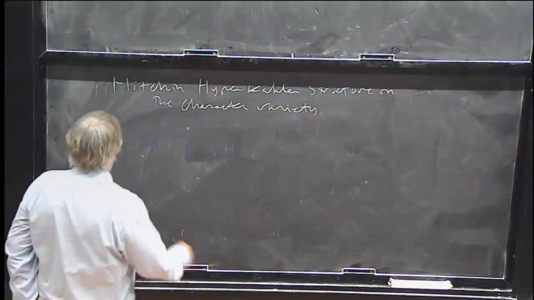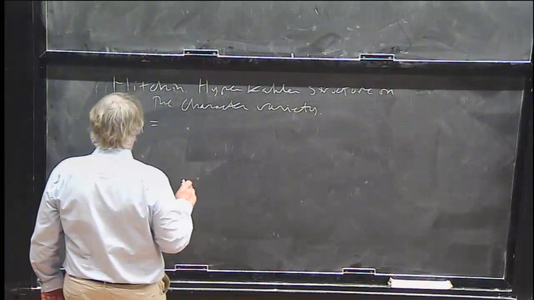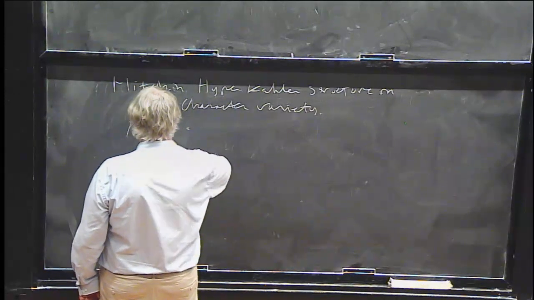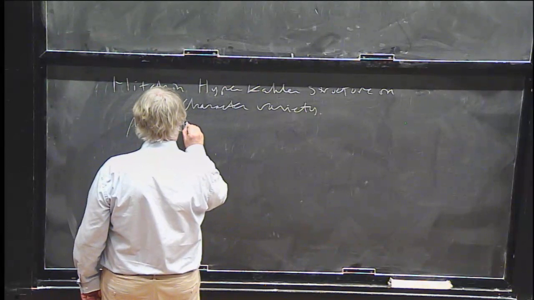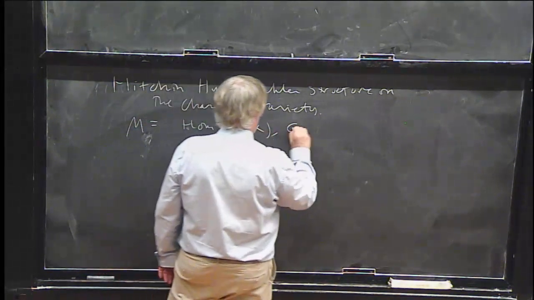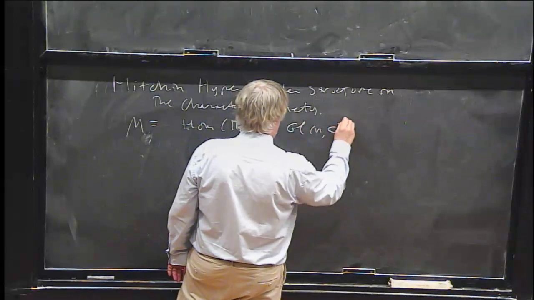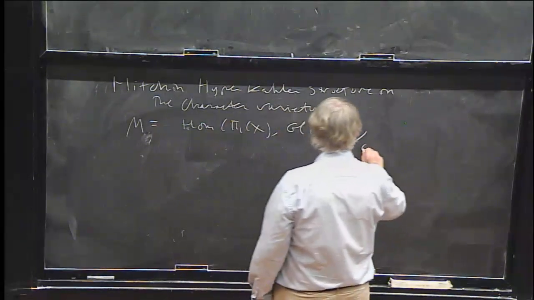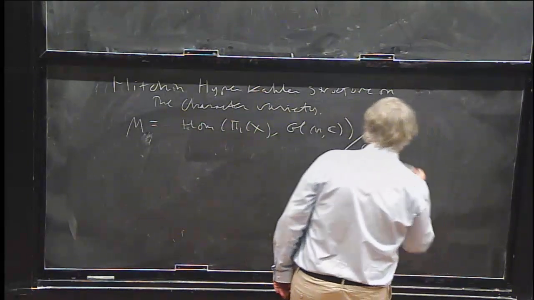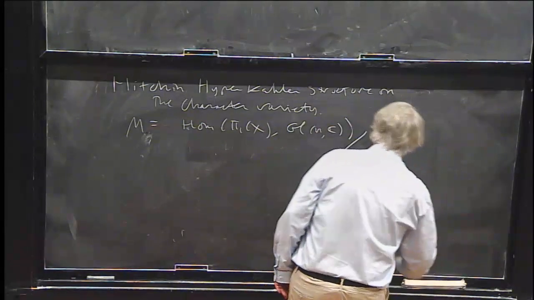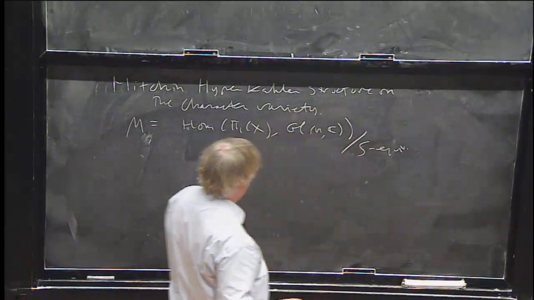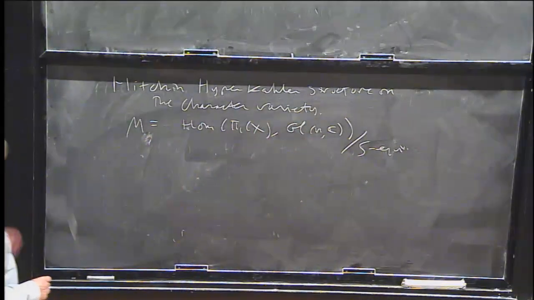So let M equal M Betti. Let's take the moduli space of representations of the fundamental group, the representations of pi 1 into, let's say, GL_N(C), modulo S-equivalence.